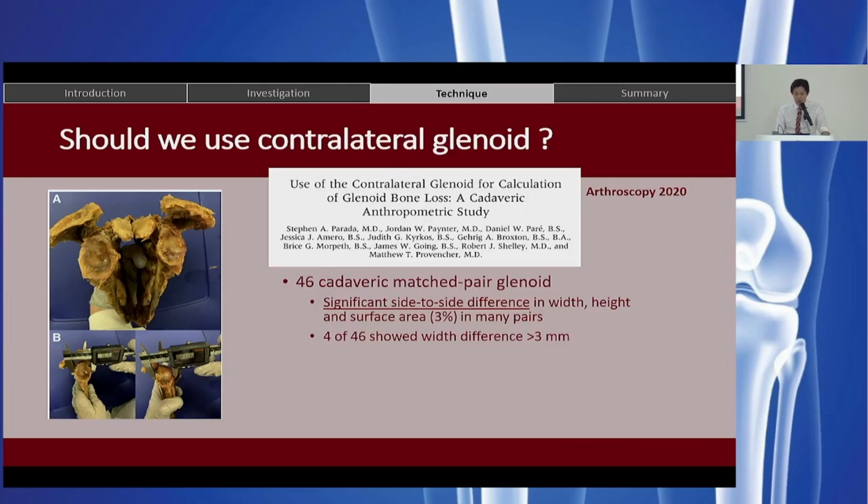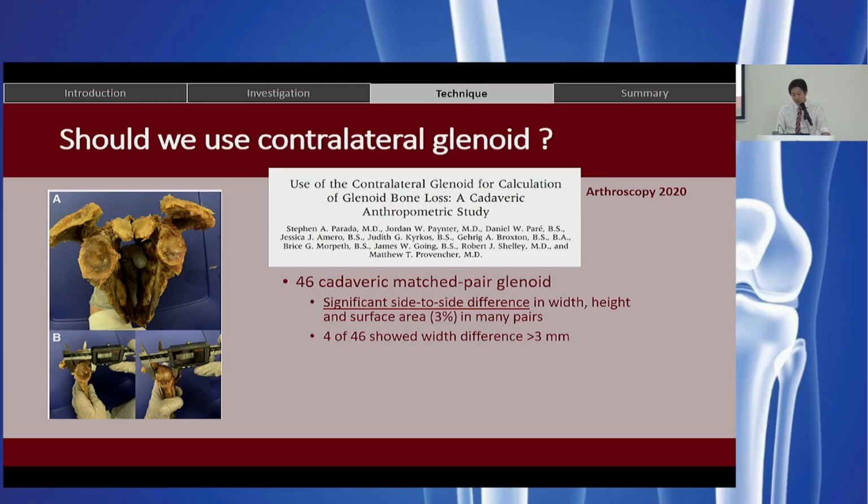Apart from the method, there's a question of whether we should use the contralateral glenoid as the measurement. In a study published in 2020, researchers tried to find out if both glenoids are the same size. In a total of 46 cadaveric glenoid pairs, they measured the width, the height, and calculated the surface area, comparing each side of the glenoid.